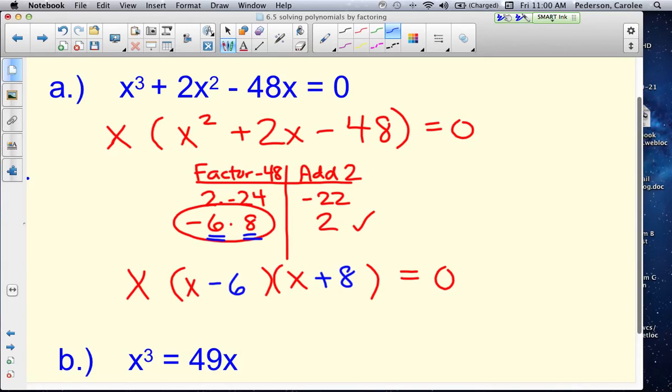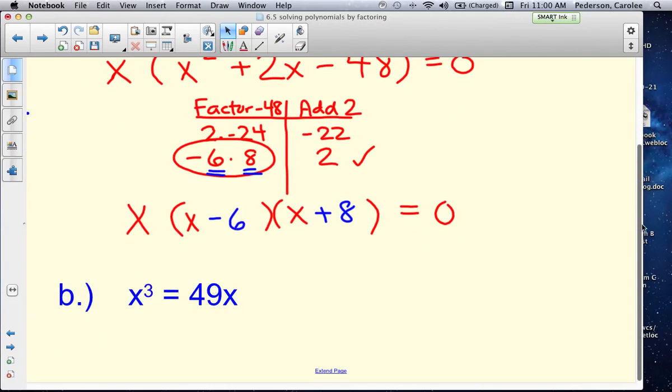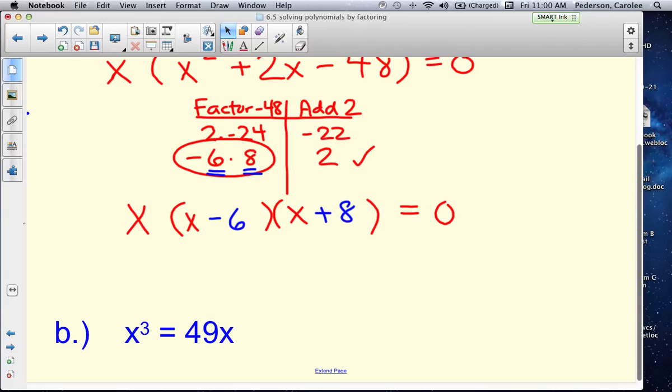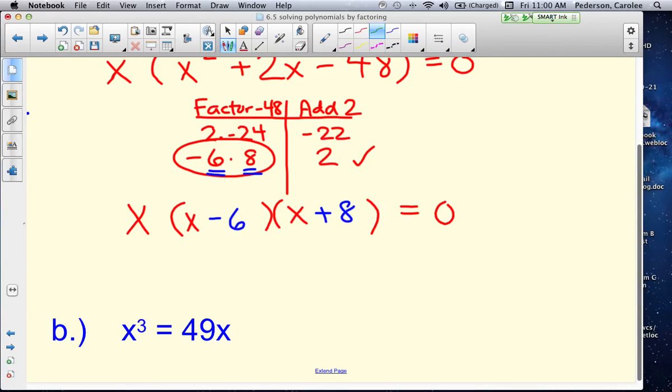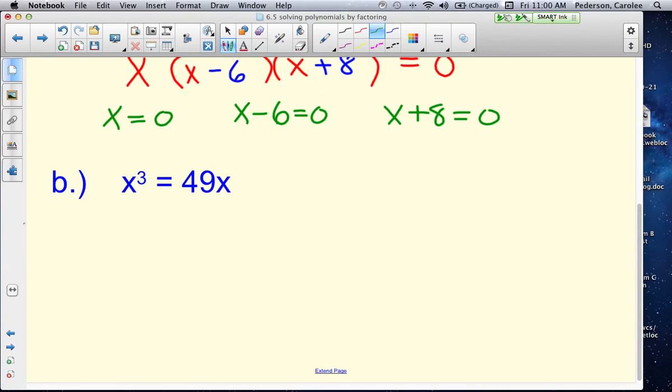Now I'm going to use the zero product property to solve for x, to get the zeros of the function. So x is a 0 of the function, so we set that equal to 0. And then x minus 6 is a factor, and then x plus 8 is a factor. We set those 3 factors equal to 0 and solve for x.